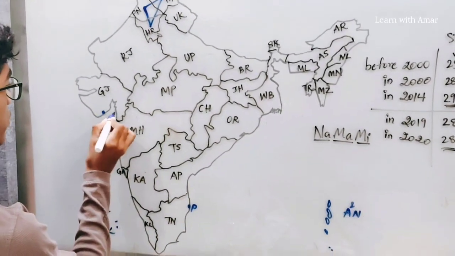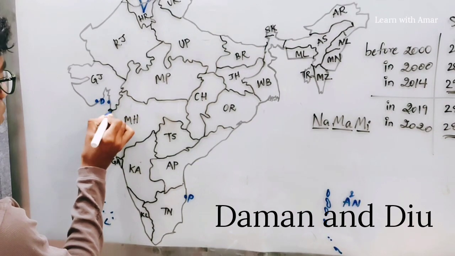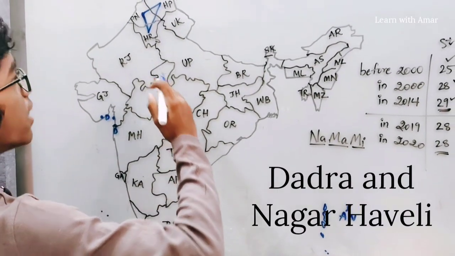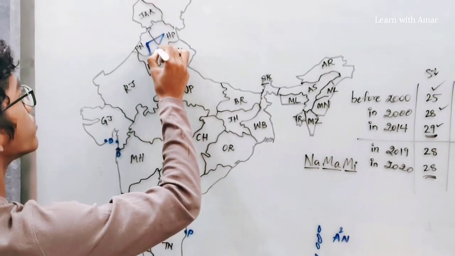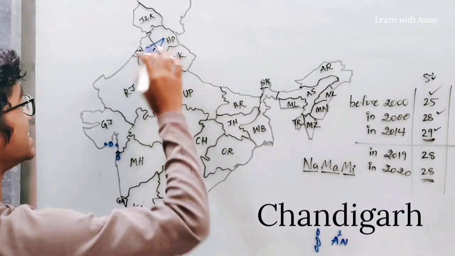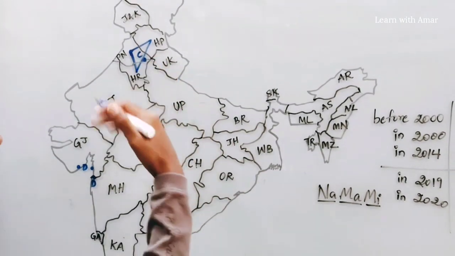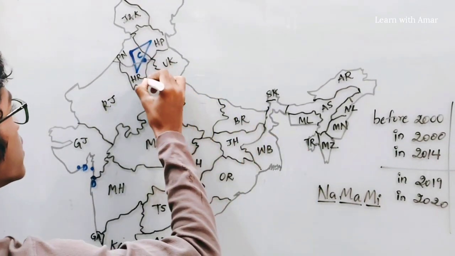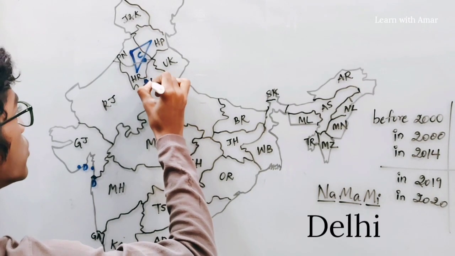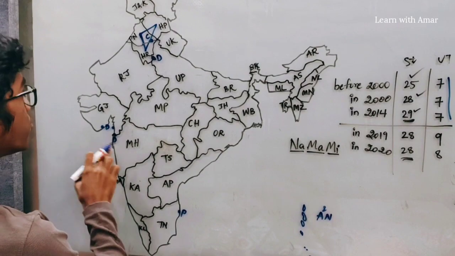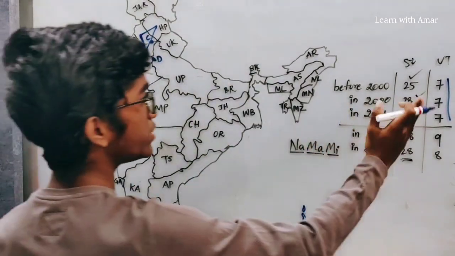In Gujarat we find Daman and Diu. Here we find Dadra, Nagar and Haveli. And here we find Chandigarh. This is Chhattisgarh, the state, and this is Chandigarh, the union territory. Now coming to this one, the capital city of India, New Delhi. Right. So 1, 2, 3, 4, 5, 6, 7. There were 7 union territories.